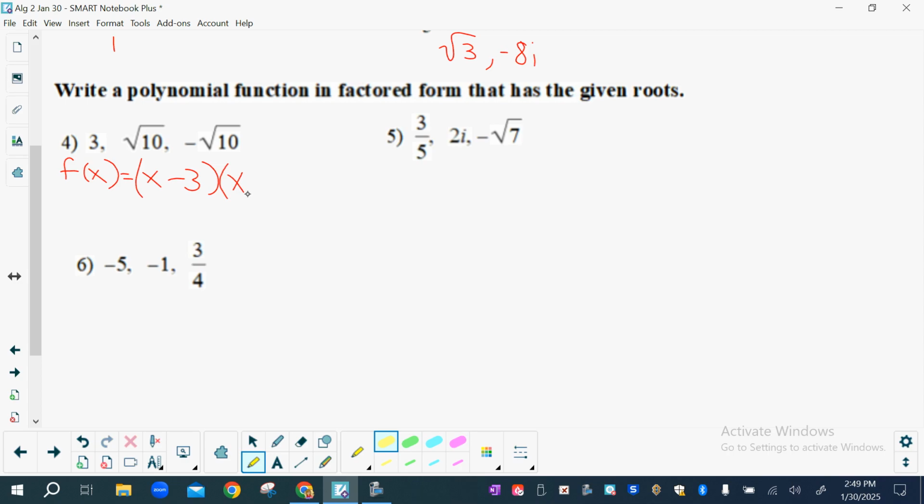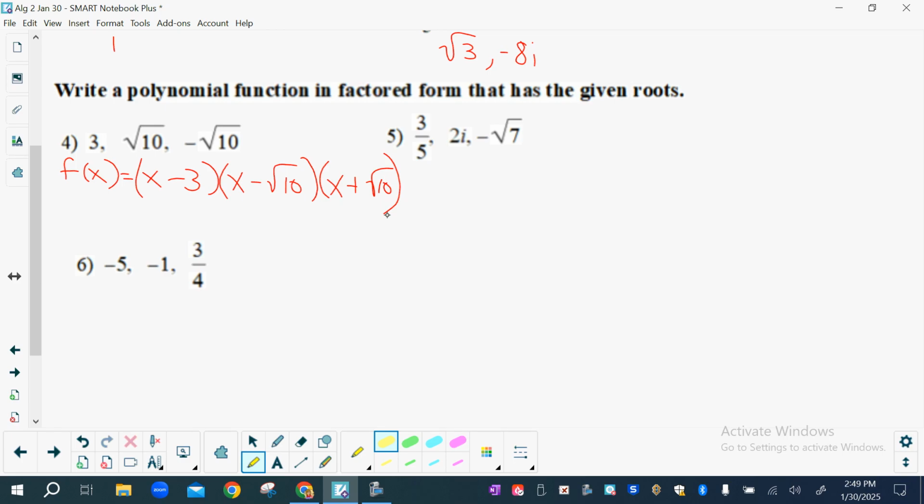Just like if it were a regular number, it's going to be x minus square root 10, and then x plus square root 10. We're only putting it in factored form. That's the factored form. Does that make sense?